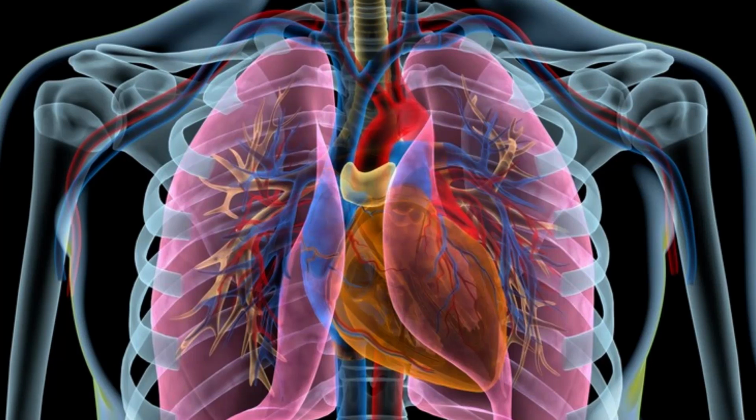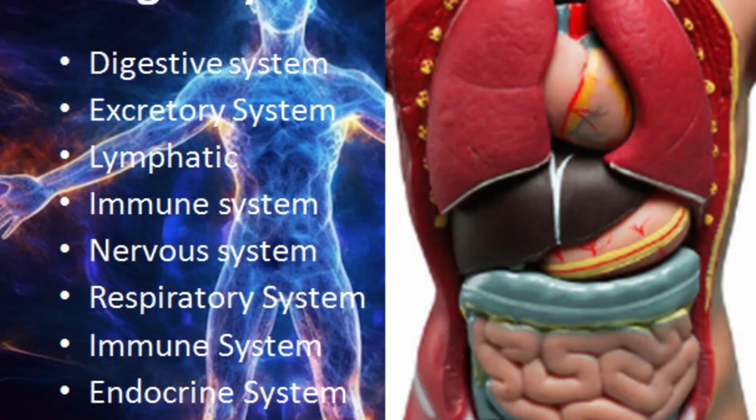So it has interaction with almost all the systems like the nervous system, that is the brain, respiratory system, that is the lungs, excretory system, endocrine system, lymphatic system, immune system, digestive system. Apart from the skeletal system, reproductive system and integumentary system, it has interaction with almost all the organ systems.